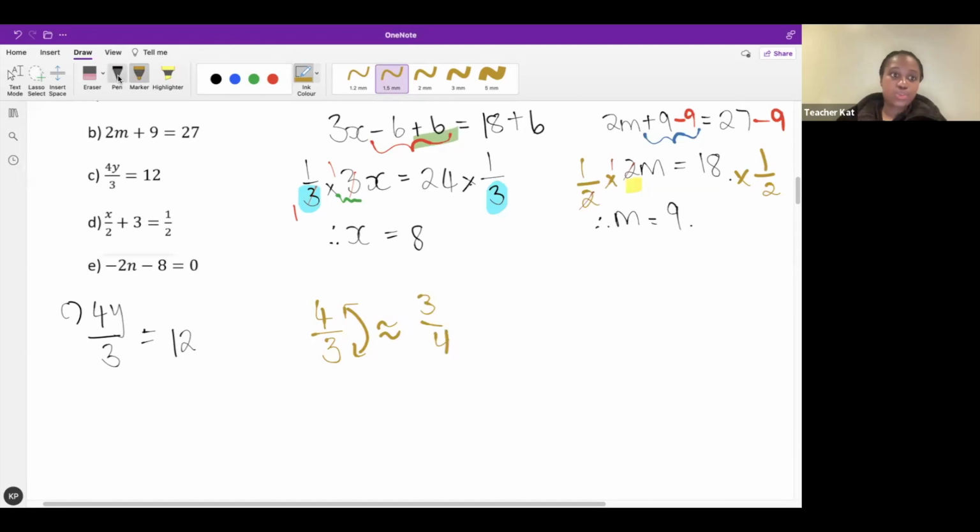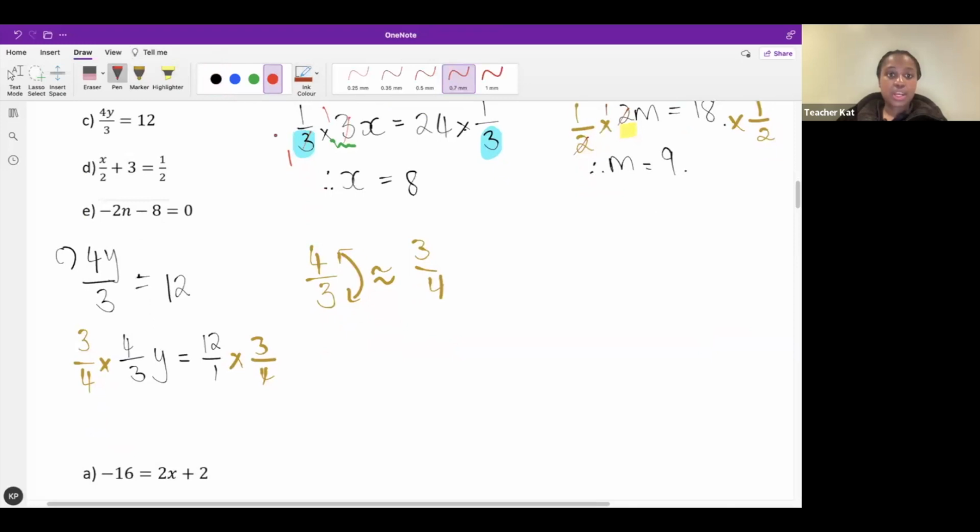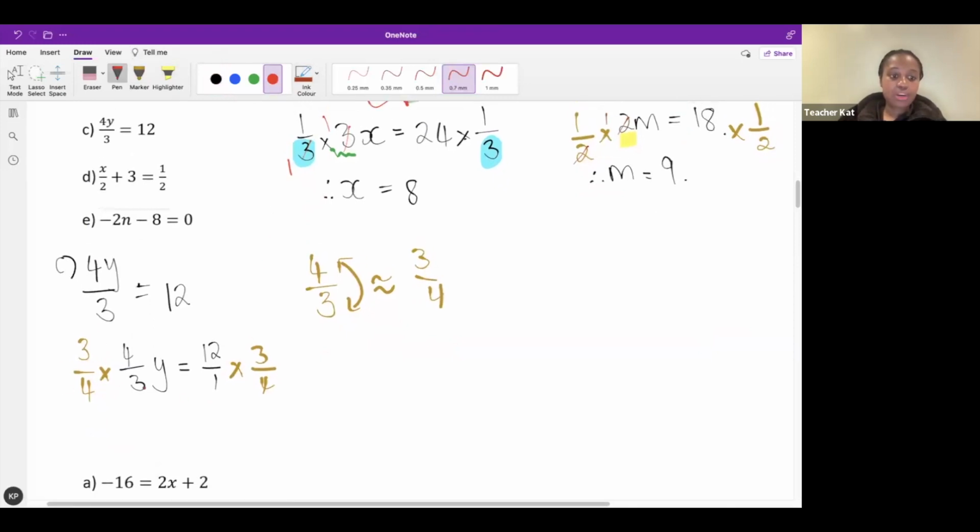And why would we do that? Look what happens when you multiply by 3 over 4. So I'm going to say 3 over 4 times 4 over 3 y is equal to 12, which is over 1, times 3 over 4. I'm going to put whatever I add in color so that we can see what happened there. Okay, we can cross cancel.